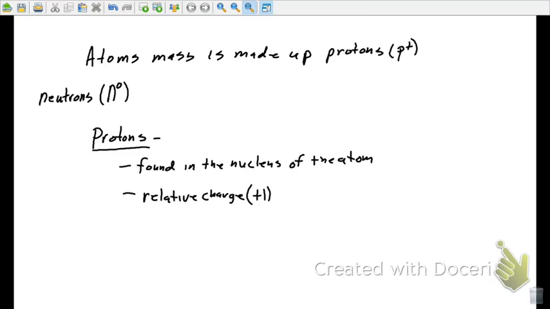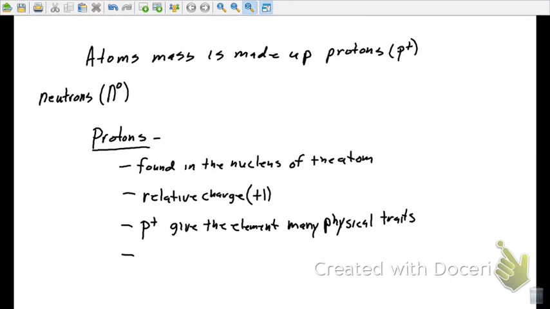Protons give the atom, or the element, I'll say, many of its physical traits. The atomic number on the periodic table represents the number of protons in an element.